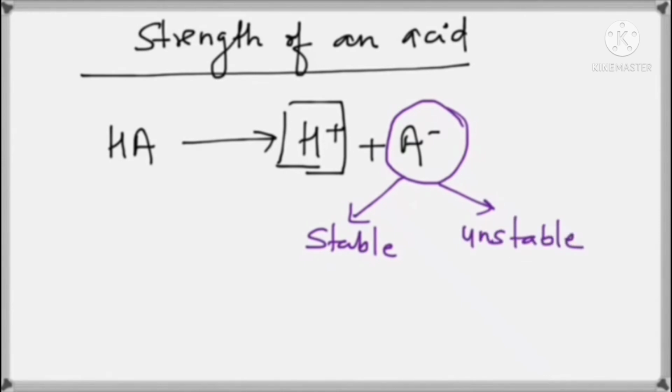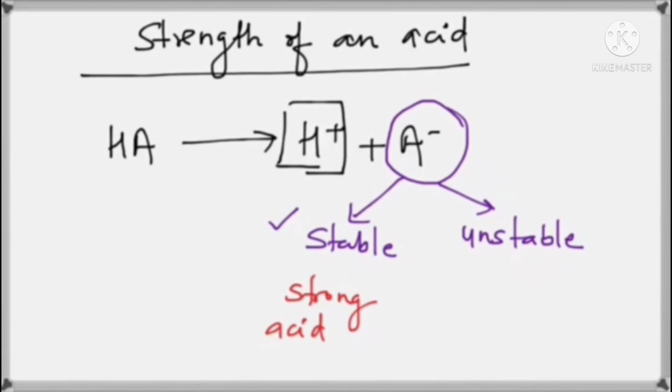and we know that any reaction wants to form stable compounds or species. So if the A minus ion or the conjugate base is stable, then a lot of H plus will be formed, and so we will have a strong acid because the reaction is moving towards the stable direction.